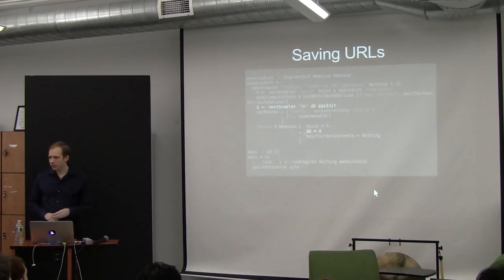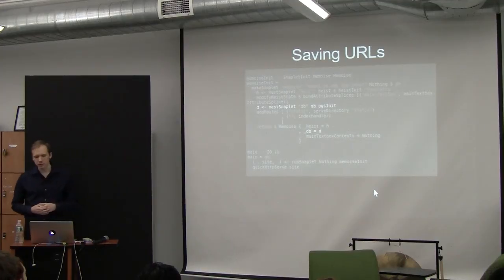We need to do one more thing before we're done, which is we need to let Postgres actually initialize itself. We do that in the same initializer that we used before, and pretty much in the same way. The Postgres init doesn't actually need an argument. It takes a config file that you have to set up separately. Very simple to do, but I'm not showing that here. And so we just put that in the environment, just like with Heist.